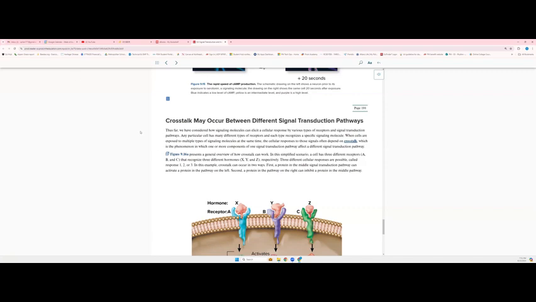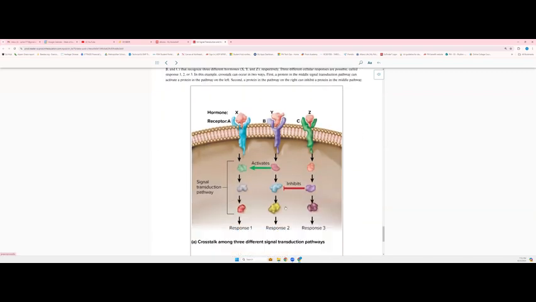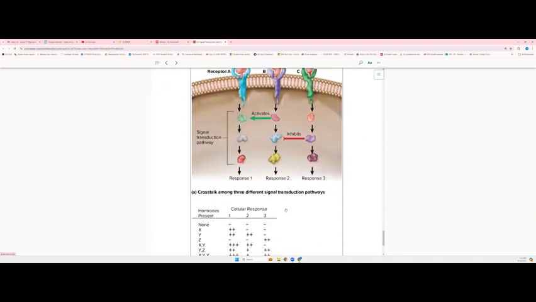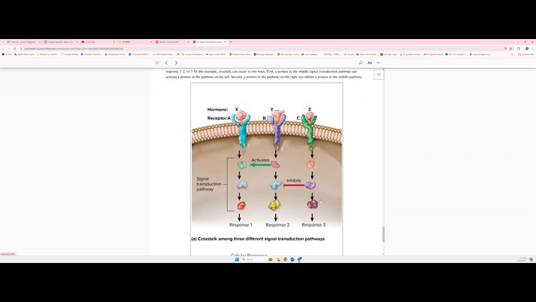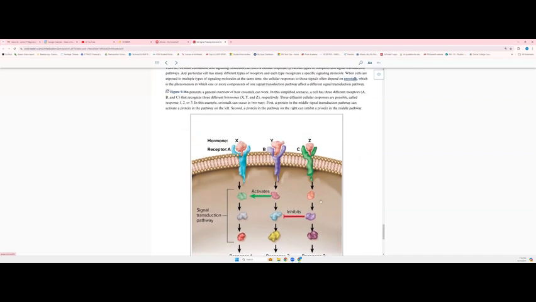So this is a good example explaining how crosstalk among three different signal transduction pathways happens. For example, we have three receptors A, B, C, and respectively different hormones X, Y, Z combine with A, B, C individually.